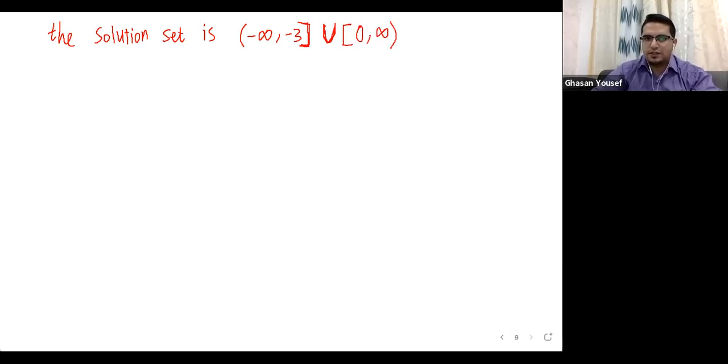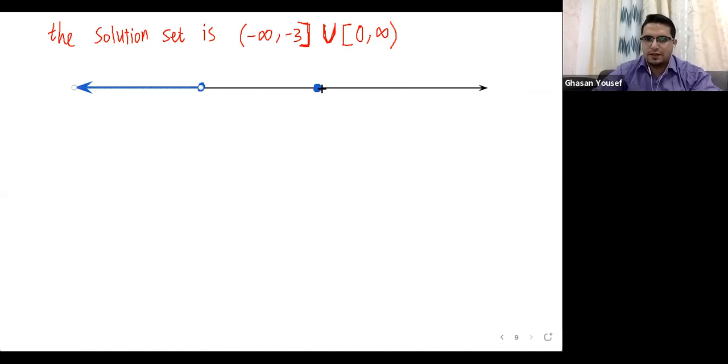If you would like to sketch this, you have to draw the real line like this. Here is my real line, and you put the zeros on it like before. At 0, it is closed because it's included, and minus 3 is included too, and we draw the arrow like this.